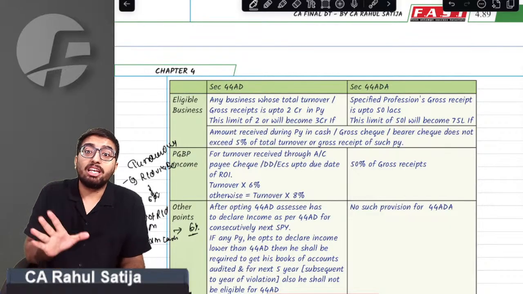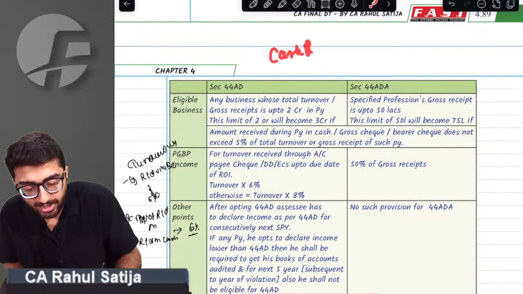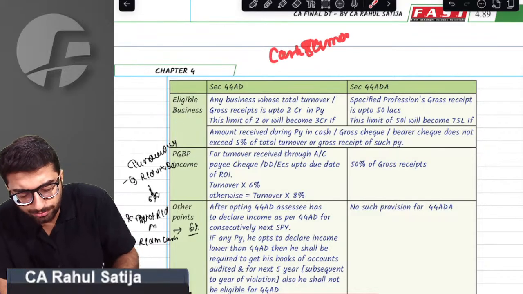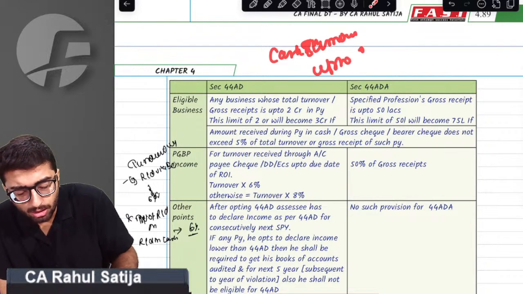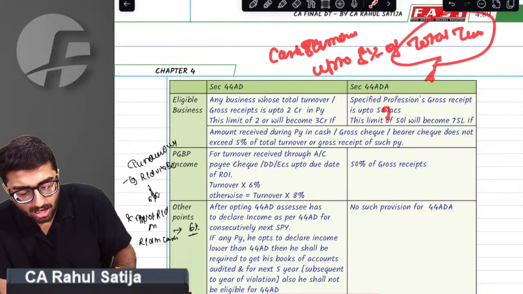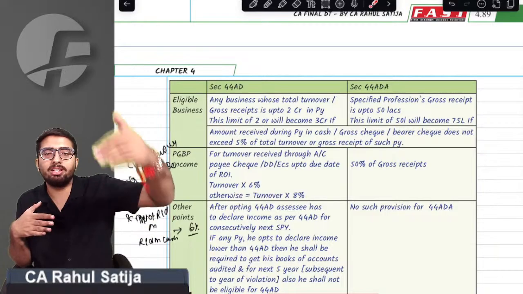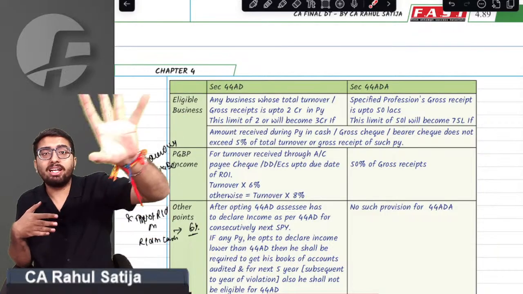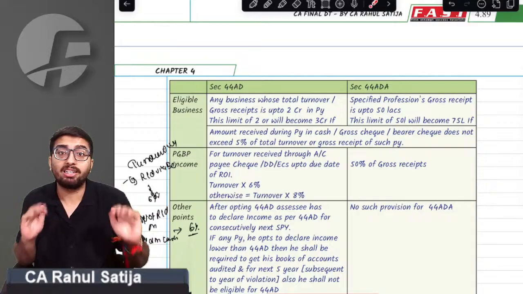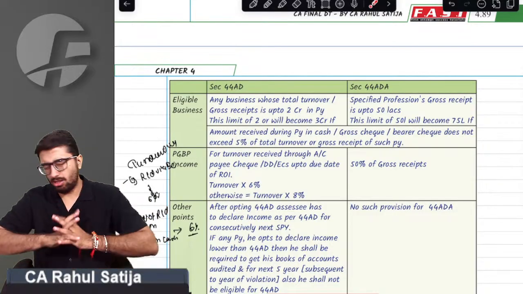If cash receipts, cash turnover, I must say, sir, is up to 5% of the total turnover, then in that case, our 2 crore limit for presumptive taxation will become 3 crore. Sir, for example, if we are doing sales of 2.5 crore and only less than 5% pertains to cash, then in that case we are allowed 44AD even up to the 3 crore limit. Okay, sir, we got this point.